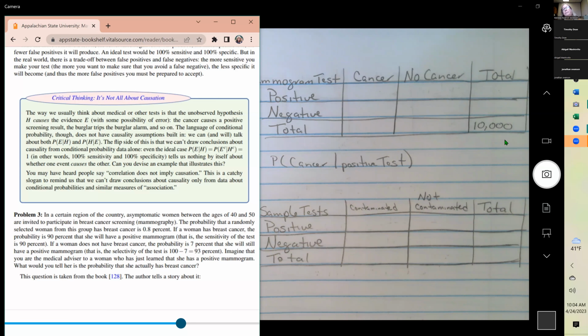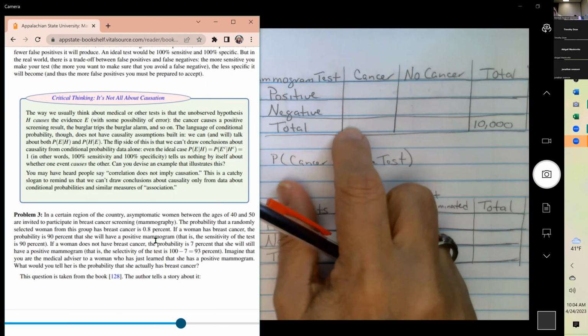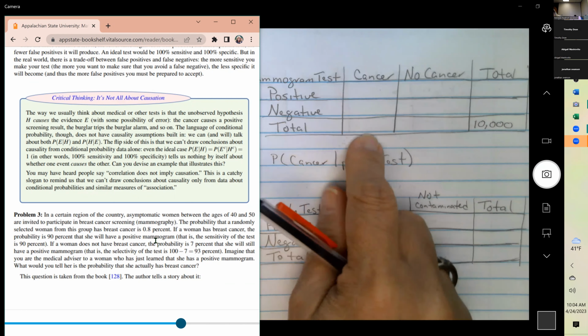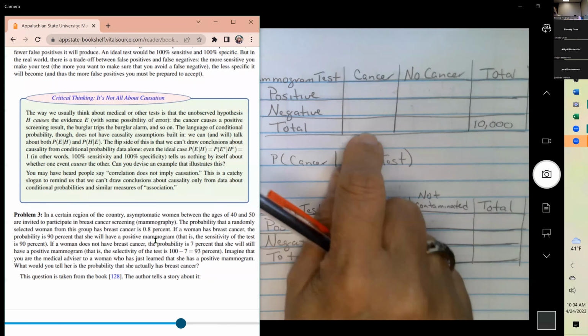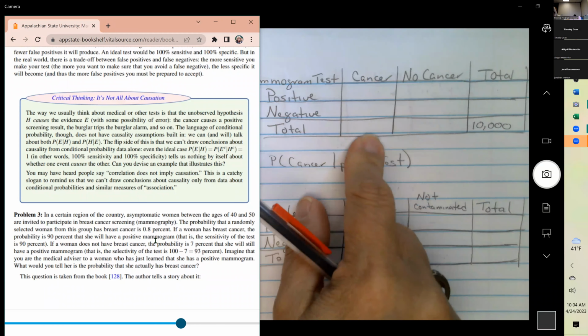So if we go with 10,000, looking back at the question again, it said the probability that a randomly selected woman, that means out of all 10,000, has breast cancer is 0.8%. So the total is 0.8% that have cancer.